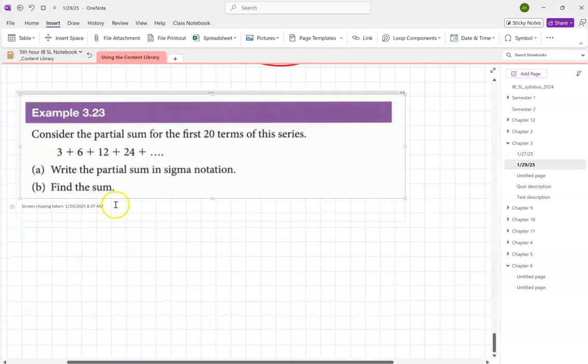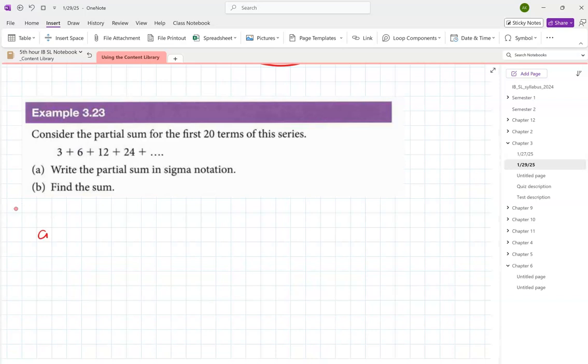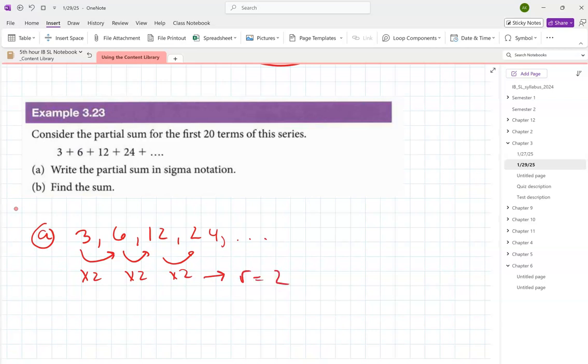It says, consider the partial sum for the first 20 terms of this series. Write the partial sum in sigma notation. So the first thing I want to do is come up with a formula. I notice that the pattern is we multiplied by 2. That tells me it's geometric, where the r is 2.